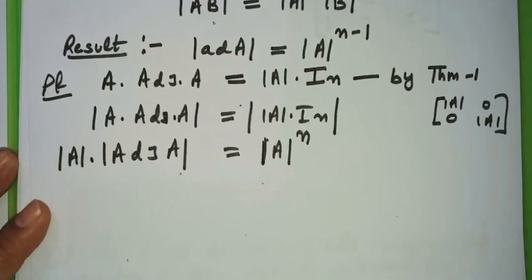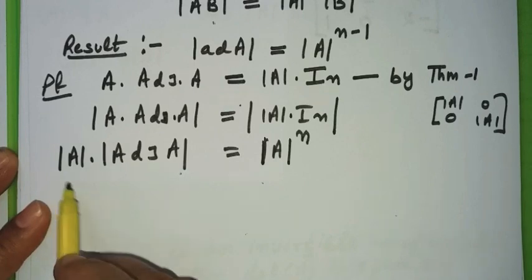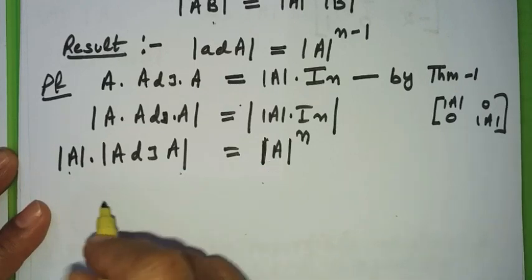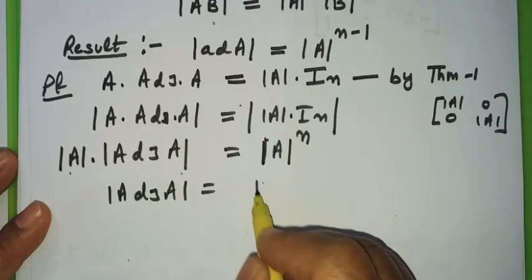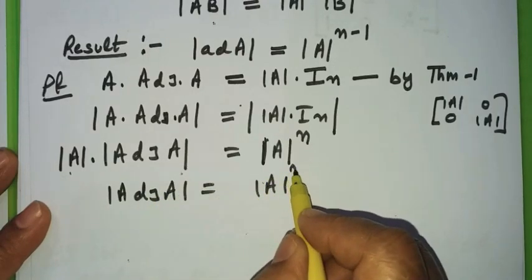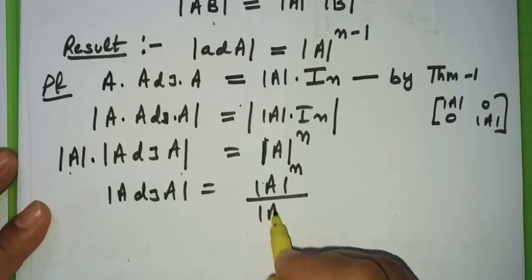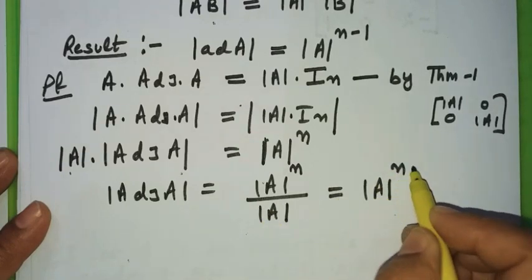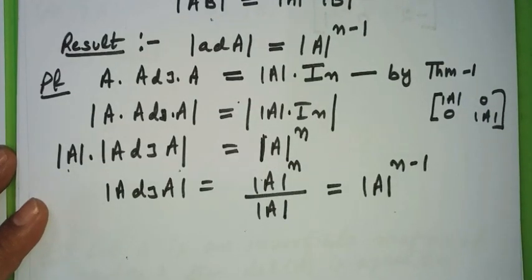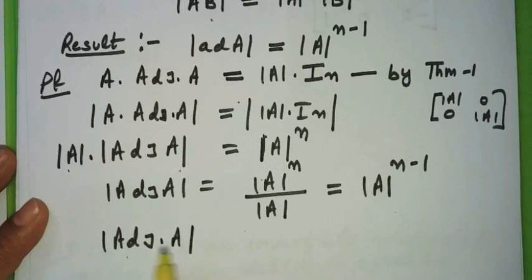Okay. So now, determinant is a number. So I can write determinant of adjoint A is equal to determinant of A raised to the power n divided by determinant of A, which is nothing but determinant of A raised to the power n minus 1. So this is the established result that we are going to use in MCQs.